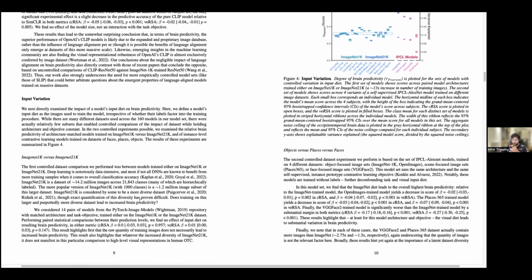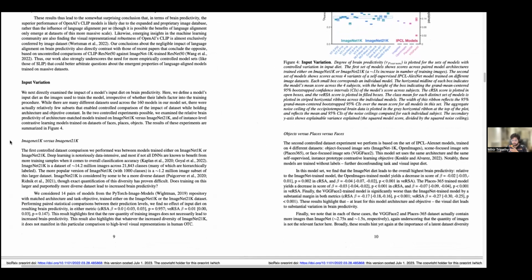They tested ImageNet 1K versus 21K, and they observed no real effect on both CRSA and VERSA when comparing these two datasets, even though 21K has a lot more images, but it's not more diverse than 1K.